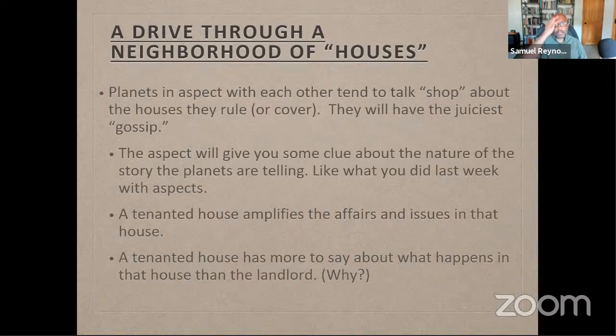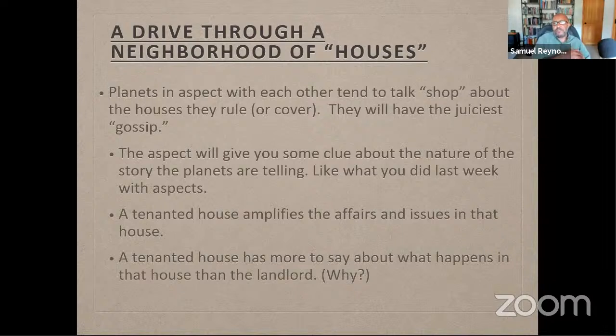Okay, let me pause for a second and now start tying some things together and start talking about houses as if we were in a neighborhood. So one thing I want to drive home is that I think it's important, yes, to talk about the signs on the cusp of houses.